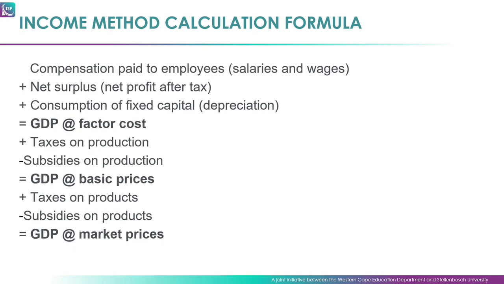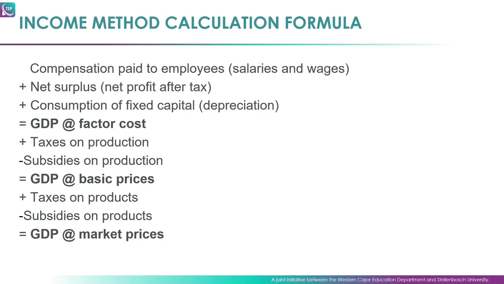You need to understand the compensation paid to employees is your salaries and wages, your surplus is your profit, and the consumption of fixed capital is the depreciation, or what it's costing you to use that particular machinery or vehicle. So your GDP at factor cost represents what it's going to cost the business to employ or use the factors of production, right?